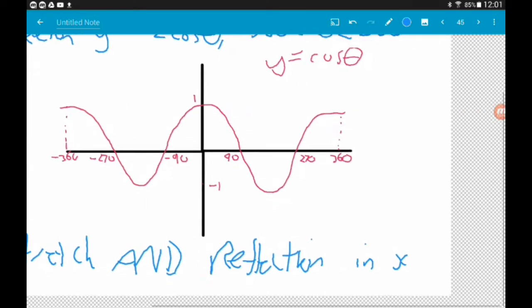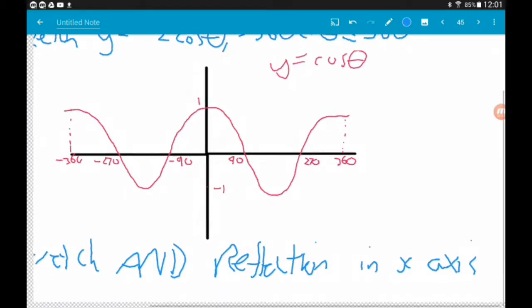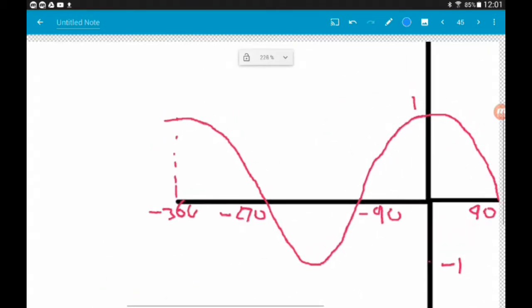So what's going to happen here is every y coordinate is going to get multiplied by -2. Our scale factor is -2 on the y coordinates. So let's go through this.